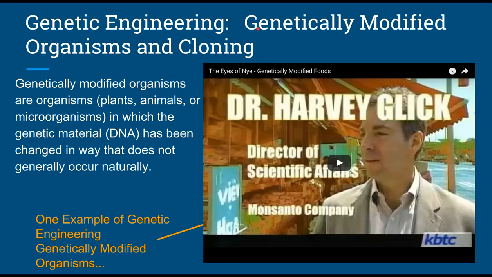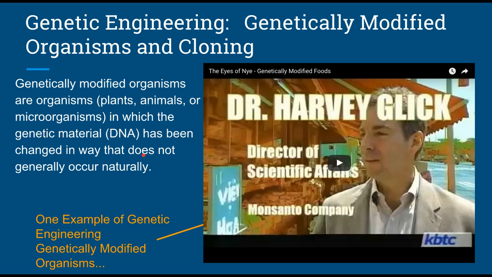And this involves genetically modified organisms and cloning. So today we talked about genetic engineering of genetically modified organisms, particularly fruits and vegetables and food. But genetically modified organisms are any organisms or plants or microorganisms in which the genetic material, just the DNA, has been changed in a way that does not occur naturally.